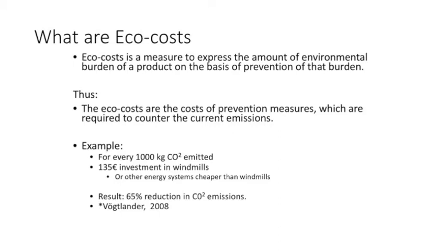For example, for every 1,000 kilo of CO2 emitted, you would need 135 euros that you need to invest in windmills or other energy systems. That will result in a 35% reduction of CO2 emissions.